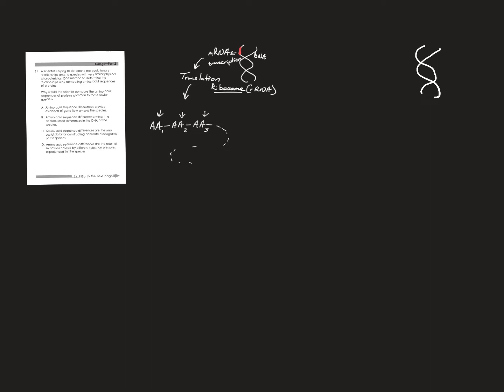And that would mean that they'd have some differences in their genes, and therefore there'd be some differences in their amino acid sequences, because if you have a different gene, you're a different species, you're going to have a different set of amino acids.